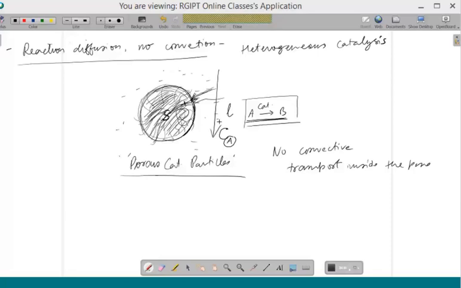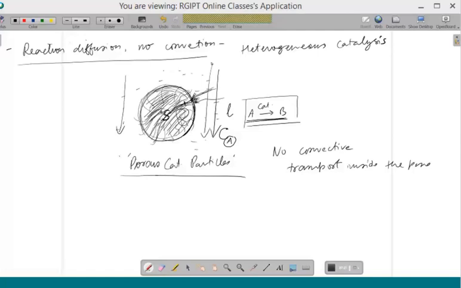Convective transport will be outside the pore, where the big liquid will be flowing this way, leading to CA being convectively transported from, let's say, top to bottom. But inside the pore there is no significant bulk velocity that would transport the particles, so there will be only diffusion occurring inside the pores.